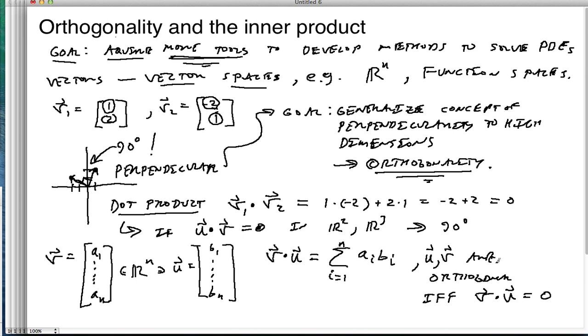With one exception, I'll put a little asterisk there: assume u and v are not the 0 vector. They have to be non-zero, otherwise it's trivially true. Okay, so we want to generalize this notion, and we have so far. Now the dot product can work in high dimensions as well.